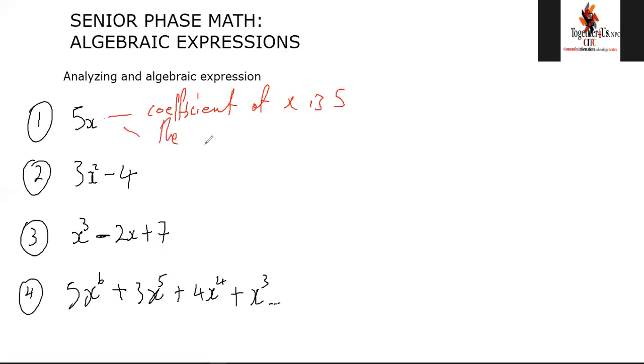The variable is x, and actually the constant term here, guys, is 0. It's just that we can't see it. So this is actually plus 0.